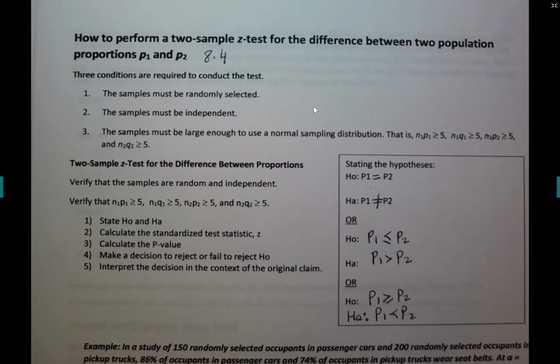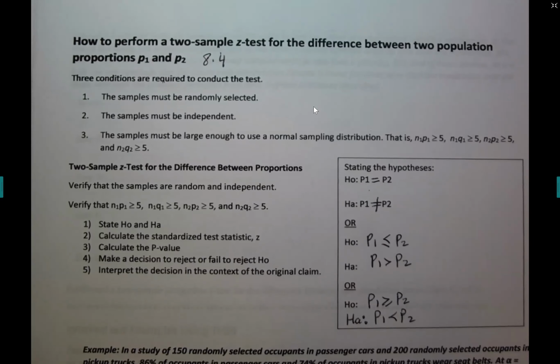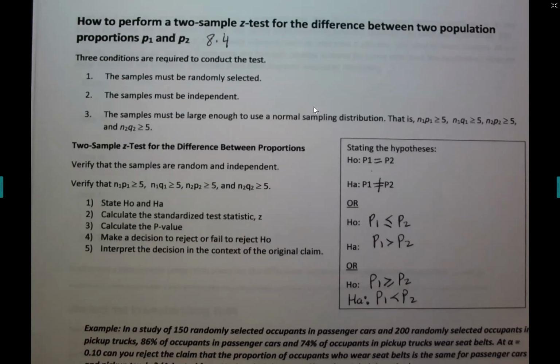Okay, what are the conditions of the test? The samples must be randomly selected. The samples must be independent. And the samples must be large enough so that we have N1 P1 greater than 5, N1 Q1 greater than 5, N2 P2 greater than 5, N2 Q2 greater than 5, just like in testing the proportion. I'll show you how to demonstrate that in a second.